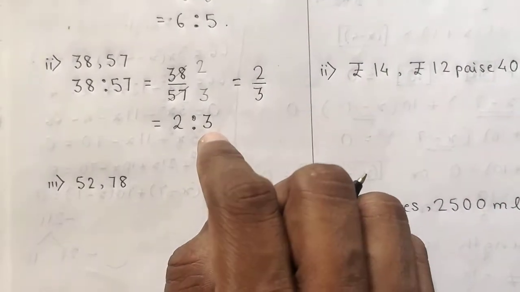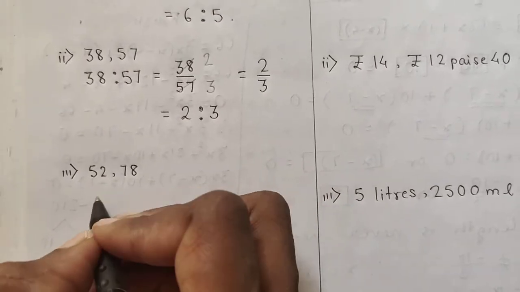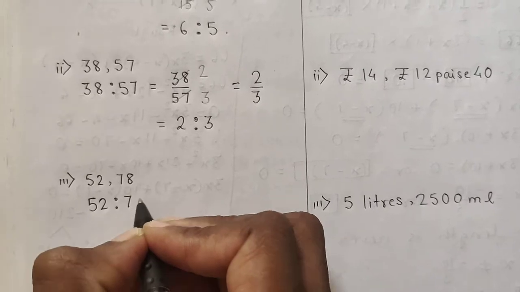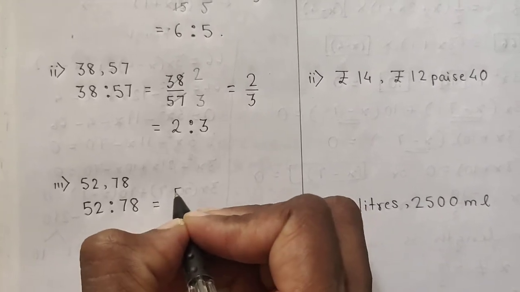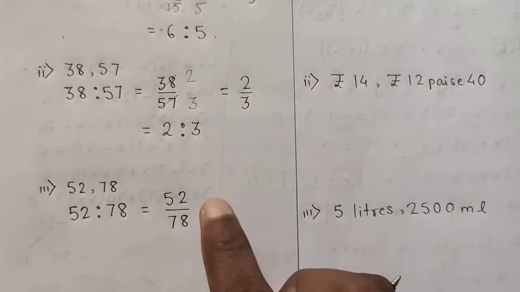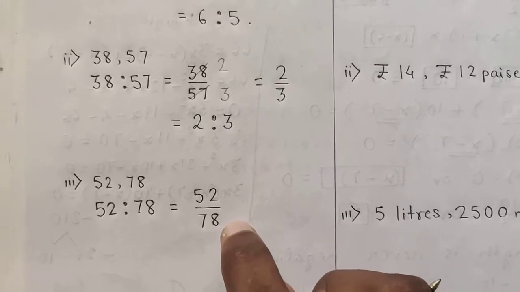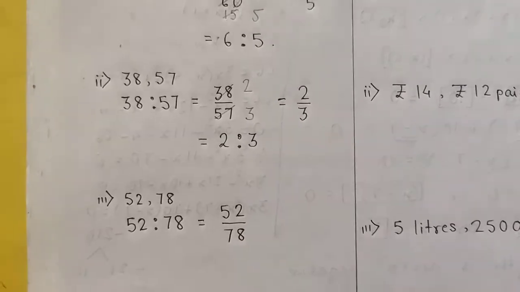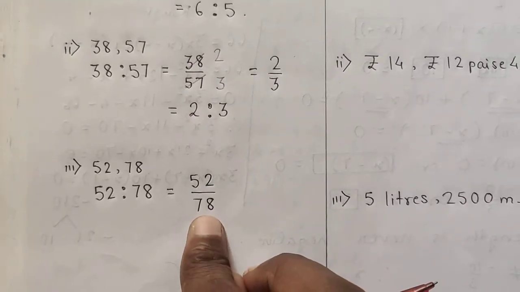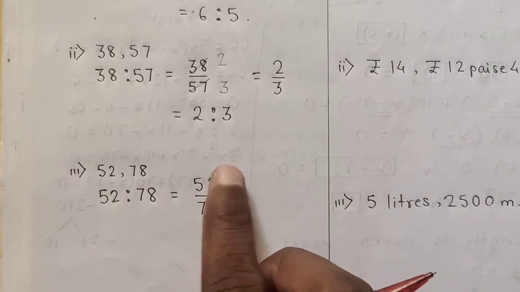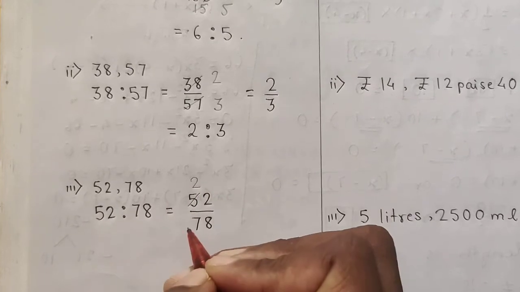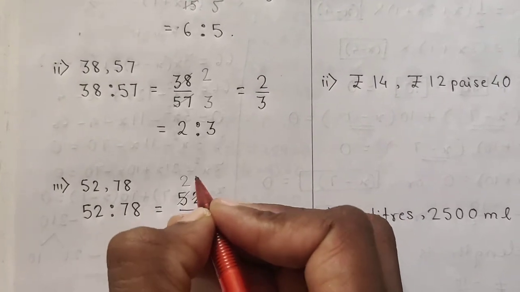Now let us see the third question, which is already written here. This is 52:78. So this is 52 upon 78. Students, this is divisible by 4 as well as 13. Sorry, this is not divisible by 4. But both are divisible by 2, so let us do the cancellation by 2. 2 twos are 4, 1 is remaining. 2 sixes are 12.